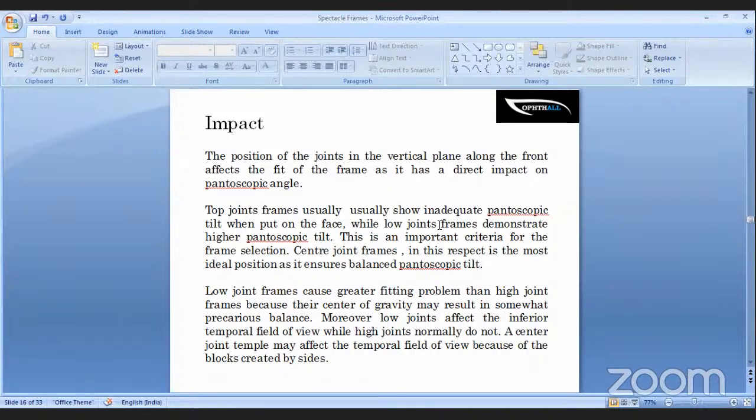Low joint frames cause greater fitting problems than the high joint frames because their center of gravity may result in somewhat precarious balance. Moreover, low joints affect the inferior temporal field of view, while high joints normally do not. A center joint temple frame may affect the temporal field of view if the sides are very thick.